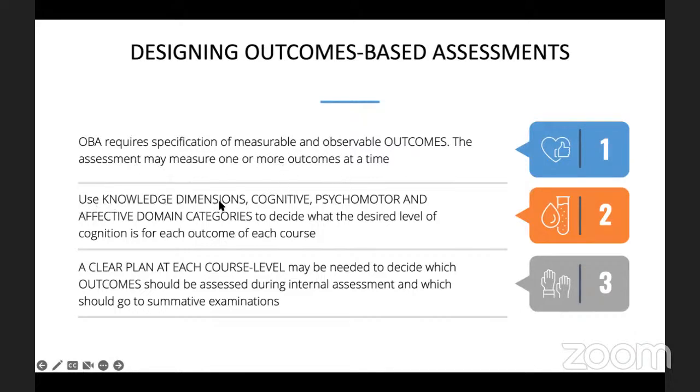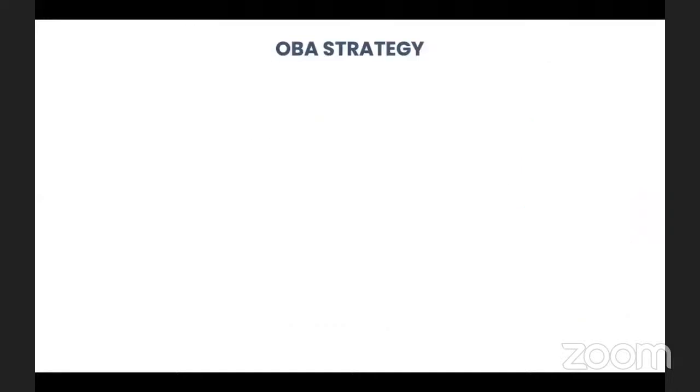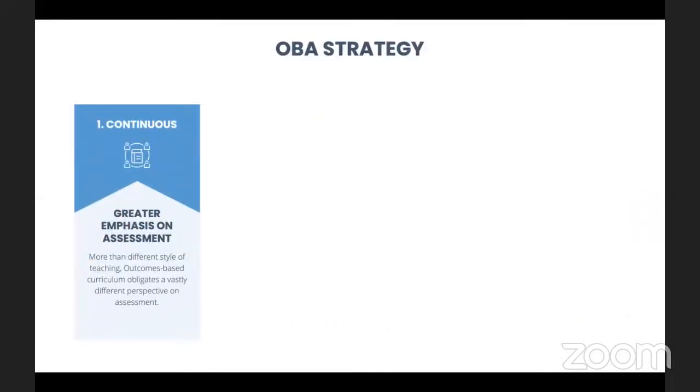Use the knowledge dimensions, cognitive, psychomotor, and affective domain categories to decide the desired level of cognition, which we have done. And the third is a clear plan for each course. At each course level, it may be needed to decide which outcome should be assessed during internal assessment and which should go to summative. Some kind of strategy is required, and that is something the teacher will have to create.